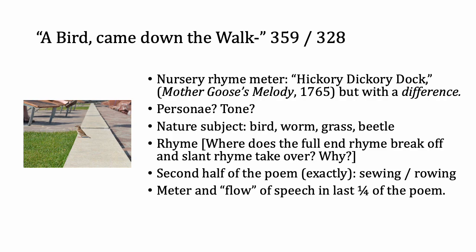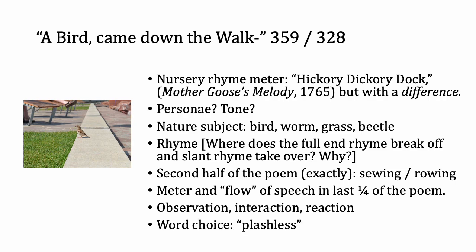And the flow of the speech in the last quarter of the poem is novel. We have, in the description, observation, interaction, and reaction. It is a meeting of nature with humanity, a meeting of a shy suitor and his beloved.